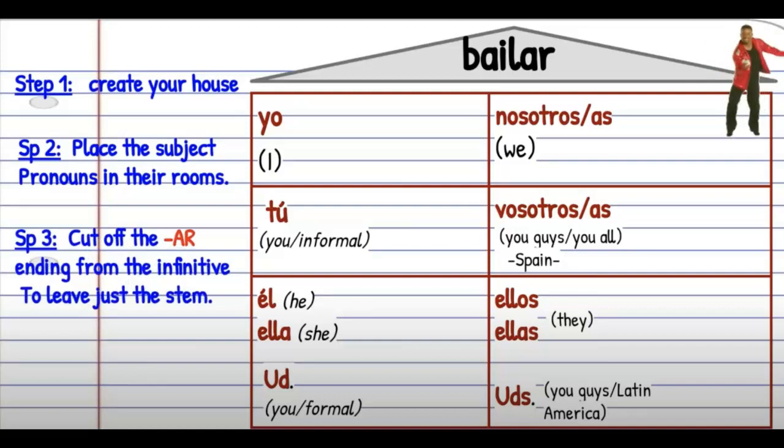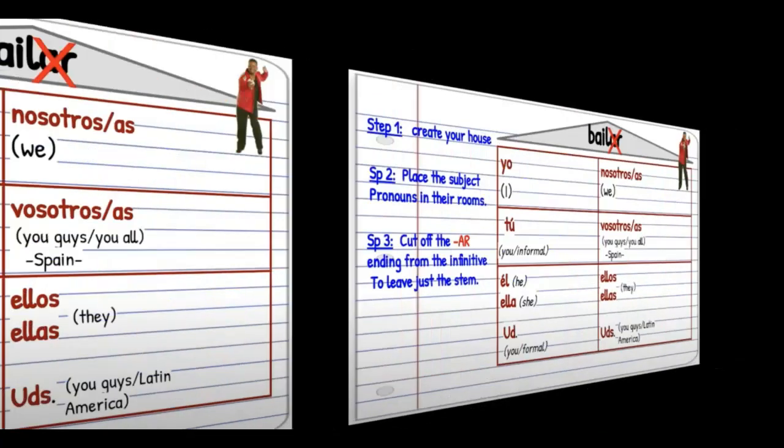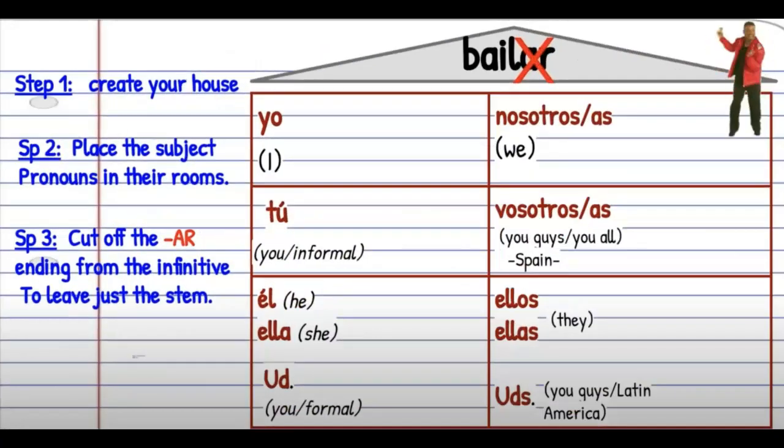You're gonna get rid of the AR. And whatever you have left, you will put exactly that everywhere. So you're gonna be left with "bail," and then you're gonna put yo bail, tú bail. So you add those to all of them, right?